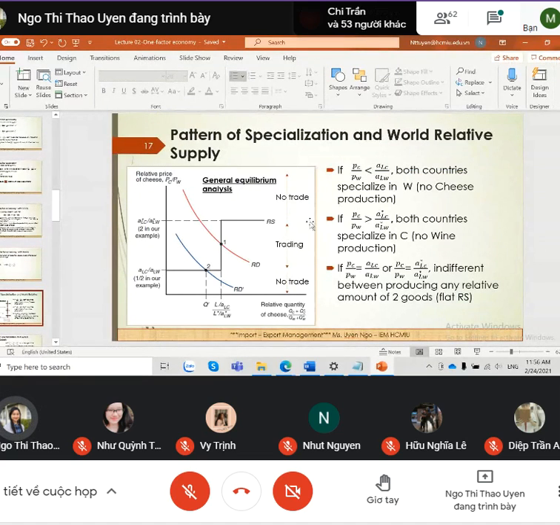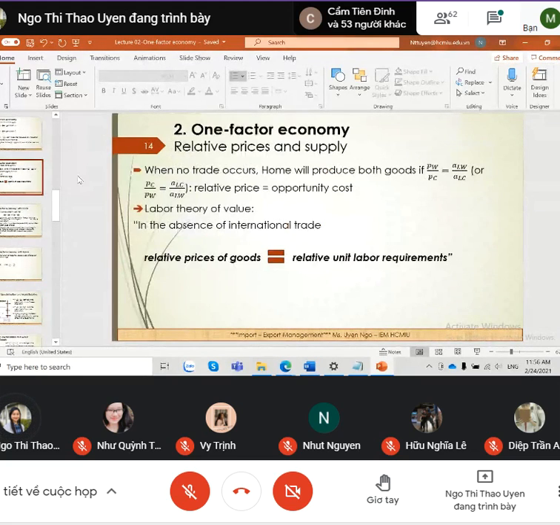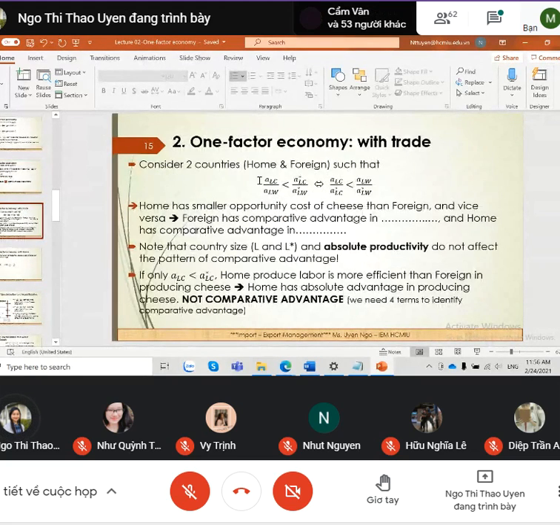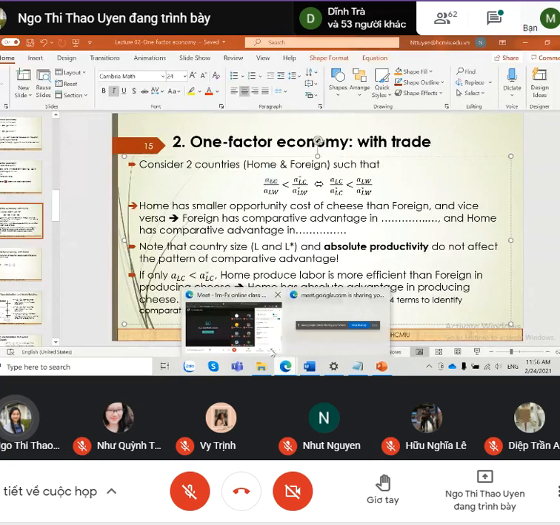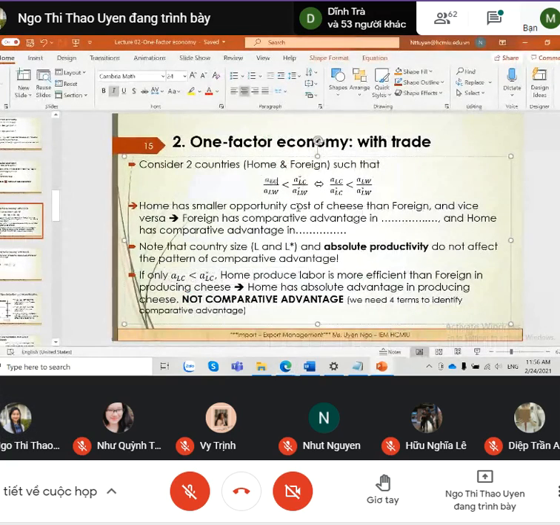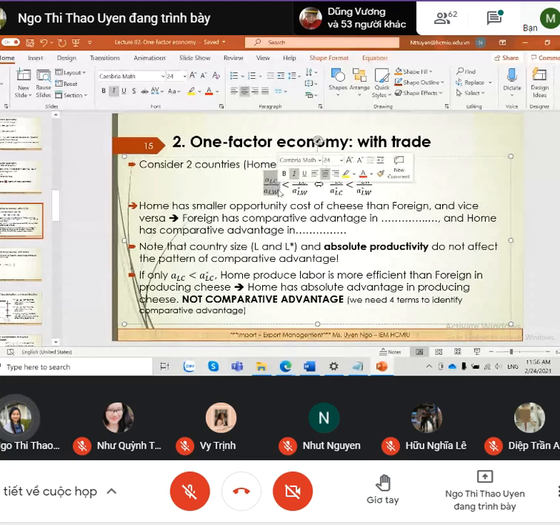So we will analyze the graph of the relative supply and relative demand curve. You can take a note in case you want to remember later. We assume that the opportunity cost of cheese in terms of wine of home is smaller than that of foreign.